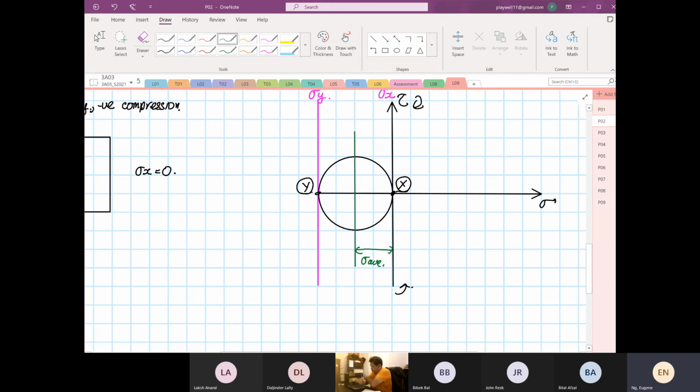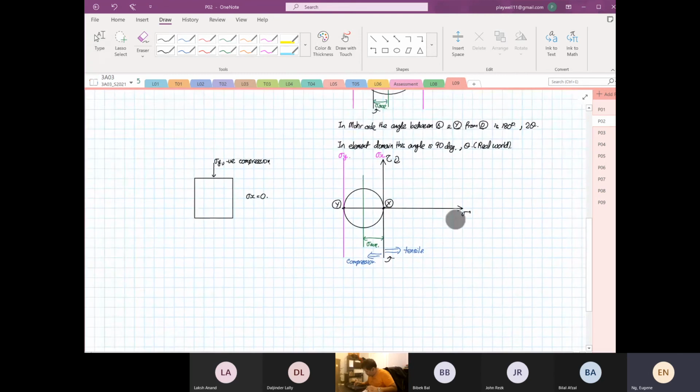Anything on the right hand side in terms of normal stress is in tensile. Anything that is on the left hand side is under what? Compression. Okay, so that's for your normal stresses.